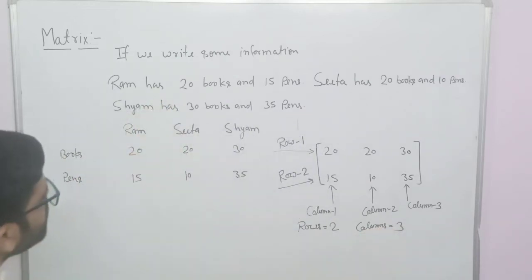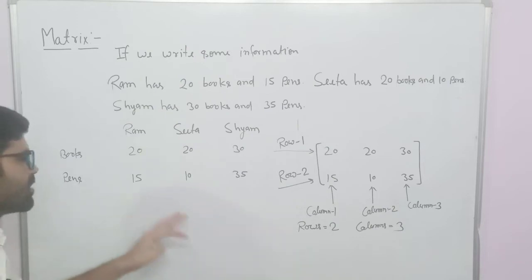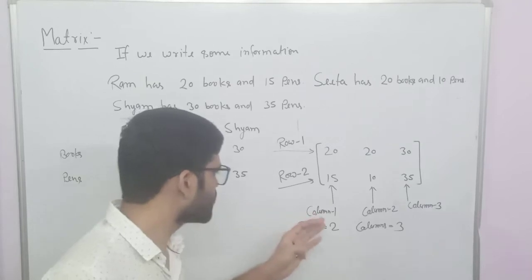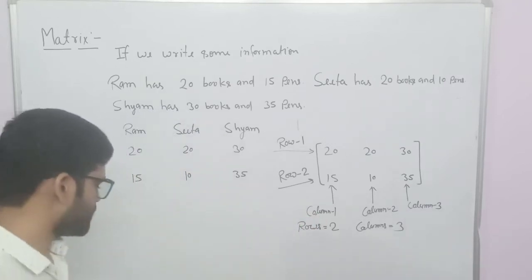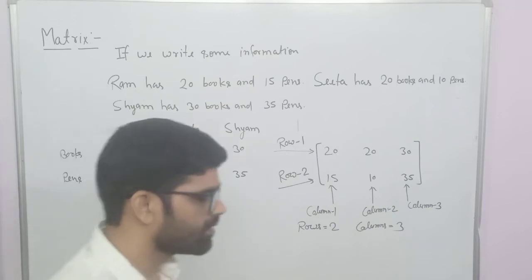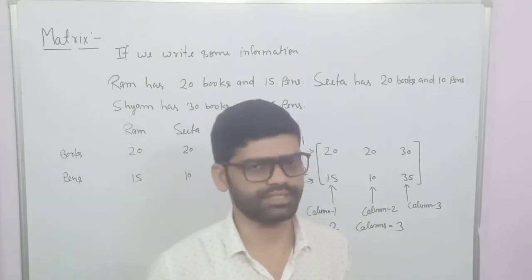So this information you can write in tabular form in 2 ways. This is the second way, and we wrote the first way earlier. So now we are going to define the definition of a matrix.